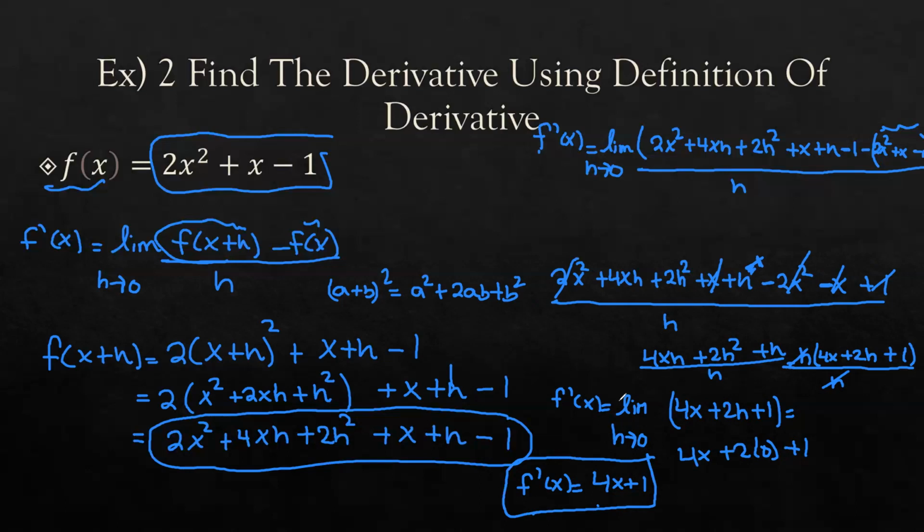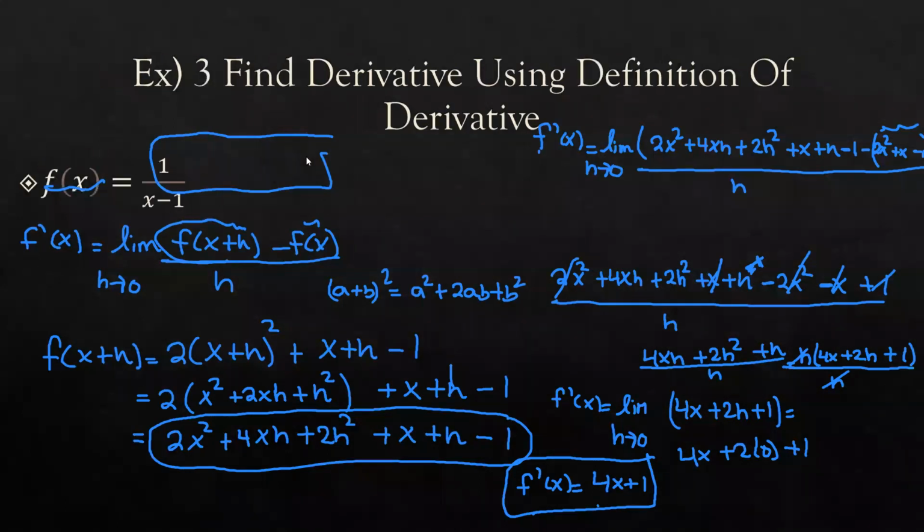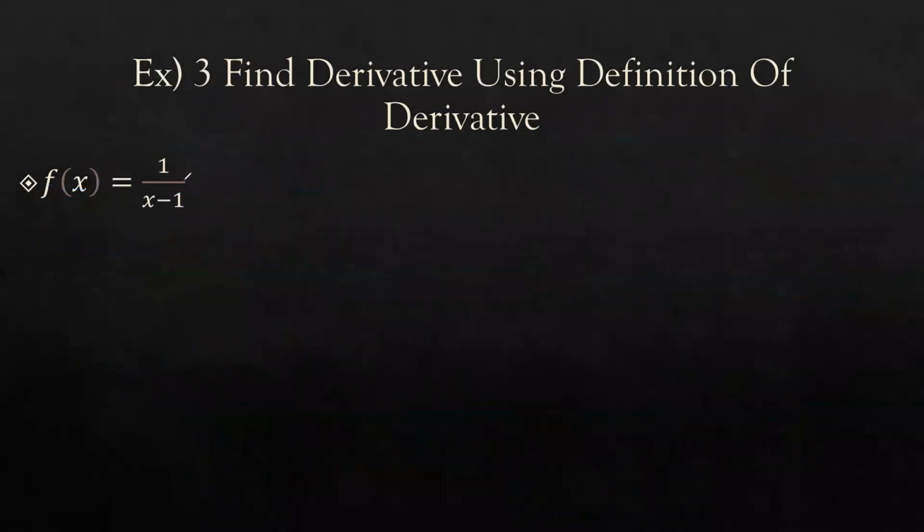Okay, let's move on to example 3. Let me clear the board. On example 3, it looks like we have a fraction, but that's okay. So let me write out the rule again.